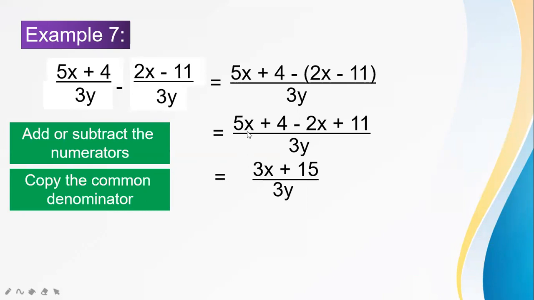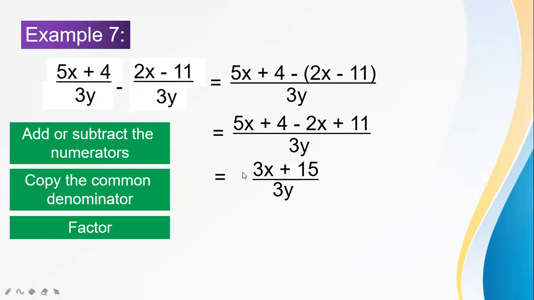Then simplify, you combine the similar terms, 5x minus 2x. The answer is 3x. Then the positive 4 and positive 11 are similar terms. So 4 plus 11, we have 15 over 3y.